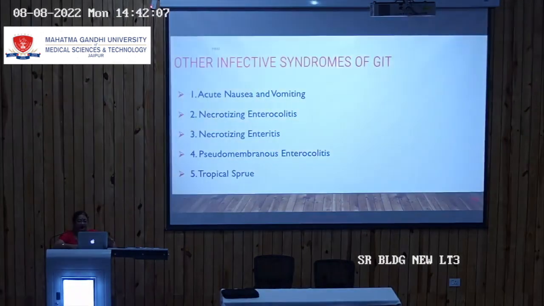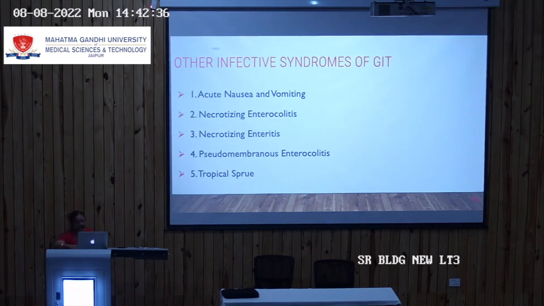There are other infective syndromes like acute nausea and vomiting. This you all understand. Then necrotizing enterocolitis, I told you what is enterocolitis. It is the infection of the colon as well as the intestine. If it is necrotizing, which means the mucosa is destroyed, then it is necrotizing.